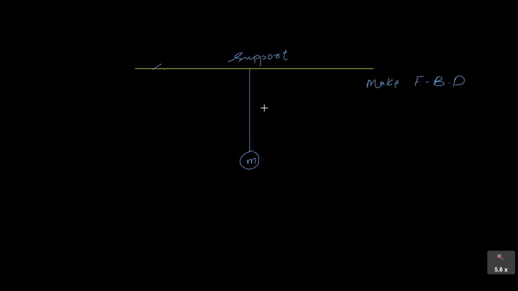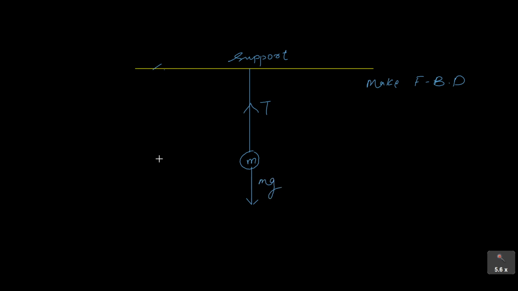If there is a string and some mass is attached, then there will be a force which is called tension force. The tension experienced by this string is called tension force, and it is always directed towards the support. So in this direction there will be one force, called tension force, and if there is some mass, it will experience a force in downwards direction, which will be equal to mg.